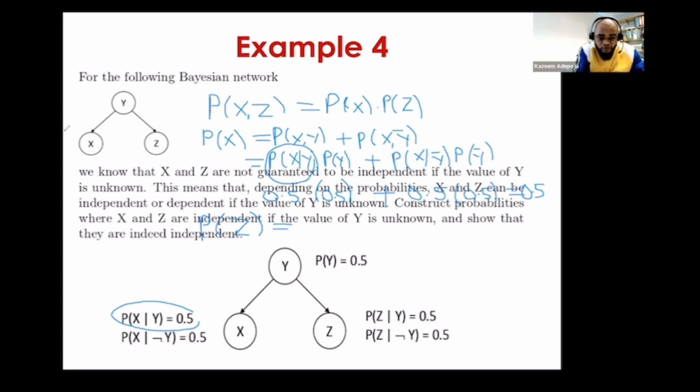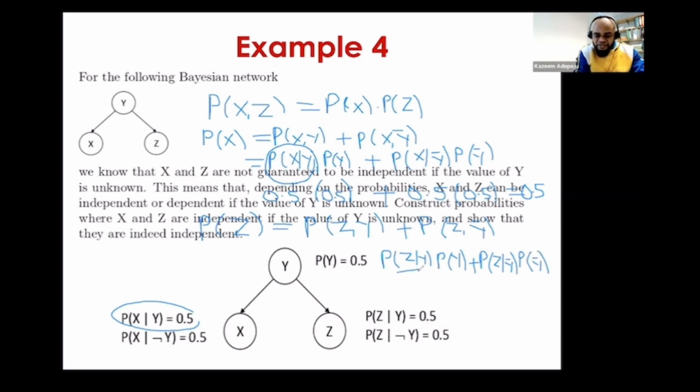According to the network, z is also conditioning on y. So we're going to go by way of z, comma y, plus the probability of z, comma, the complement of y. We're basically going to have z conditioning on y, multiplied by the probability of y, plus z conditioning on y bar, multiplied by the probability of y bar.